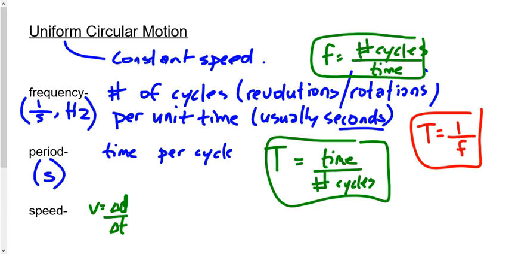I like to call it 2 pi r. I'm not sure why, but that's what I usually call it, and that's the way I'm going to write it because that's the way that it's going to be on your data sheet. So what I'm going to do here is replace the distance around the circle with 2 pi r, the circumference of the circle. If we're using the distance around the circle once, the circumference, then we need to know the time around the circle once.